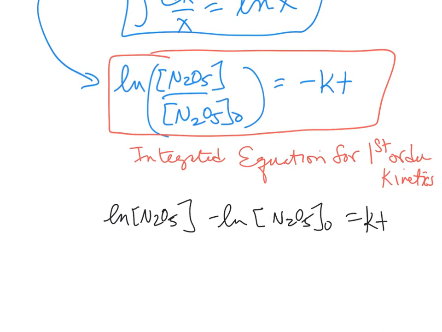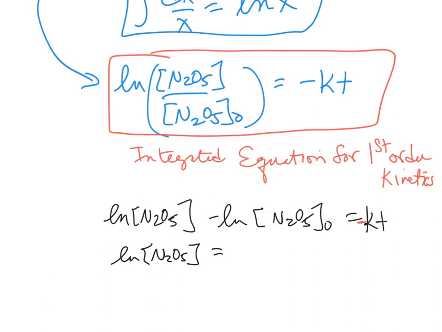So you can separate those terms out of this part right here. Next, we can put the initial term on the right-hand side. So you have ln N2O5 is equal to, hold on, that's got to be negative. Sorry, negative right there.